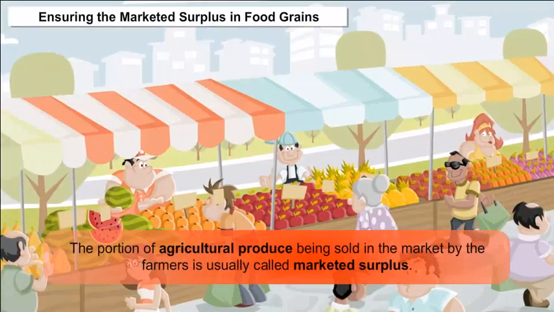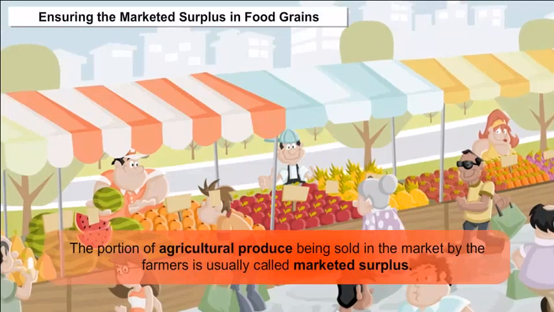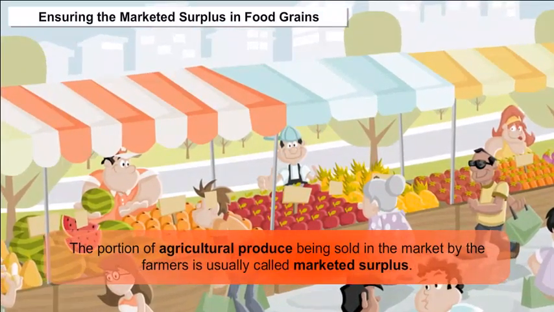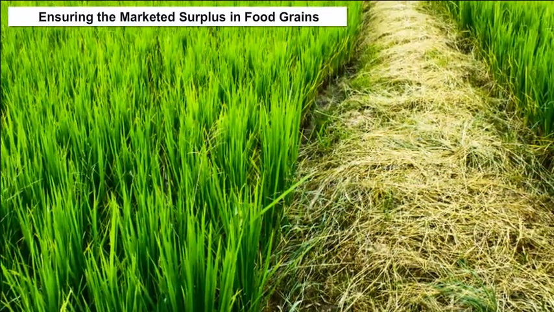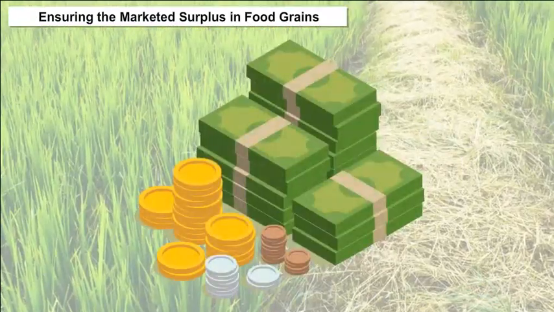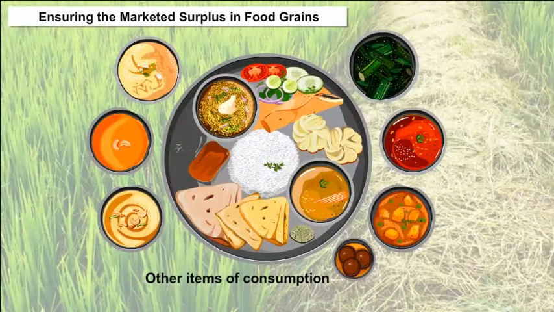The portion of agricultural produce being sold in the market by the farmers is usually called marketed surplus. In consequence of selling a good portion of crops in the market, the price of food grains declined relative to other items of consumption.